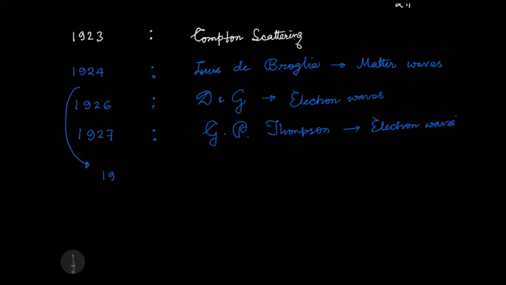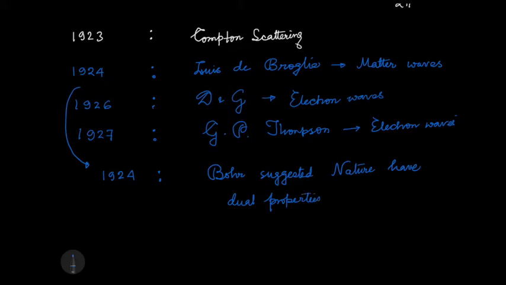Now there is one interesting thing that happened out of a discussion between Niels Bohr and Einstein in 1924. Niels Bohr suggested, this is actually before the electron waves, that nature has dual properties: particles and waves.